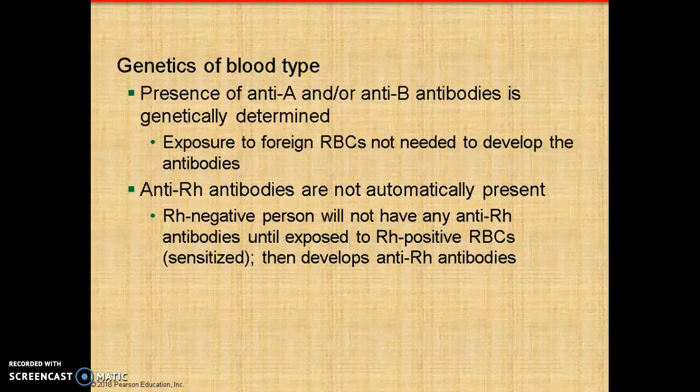An Rh negative person will not automatically have antibodies against Rh positive the way we have with the ABO blood system. But if you're Rh negative and you're exposed to Rh positive red blood cells, then you will develop anti-Rh antibodies.